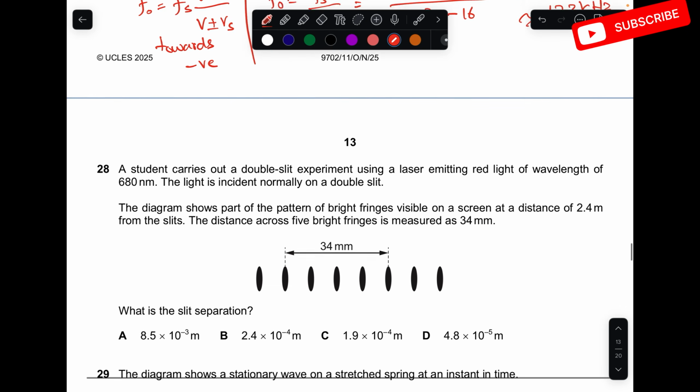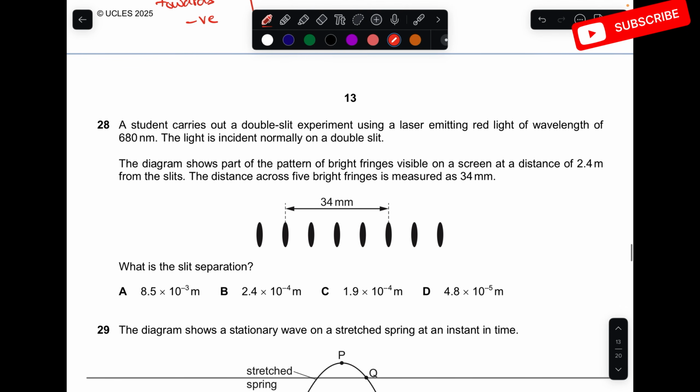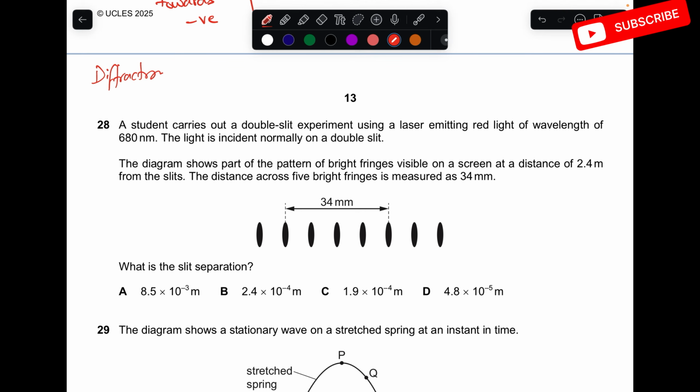In question 28, a student carries out a double slit experiment. This is from diffraction grating. A student carries out a double slit experiment using a laser emitting red light of wavelength lambda. The light is incident normally on the double slit.